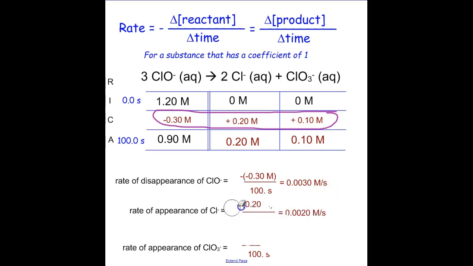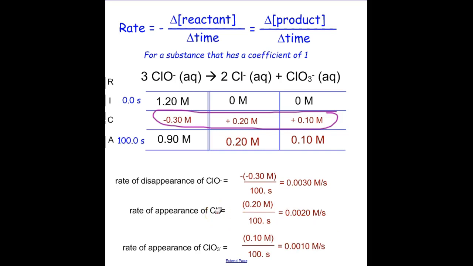For chloride, it's 0.2 molar per 100 seconds. Our rate is 0.0020 molarity per second. And chlorate is 0.1 molar per 100 seconds.